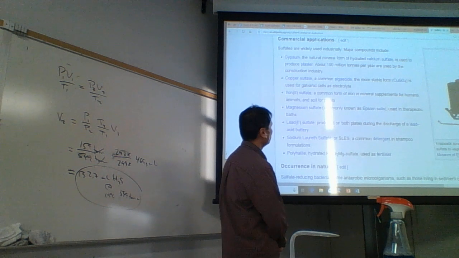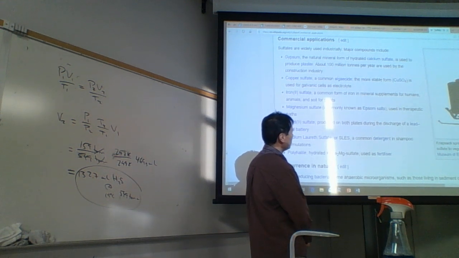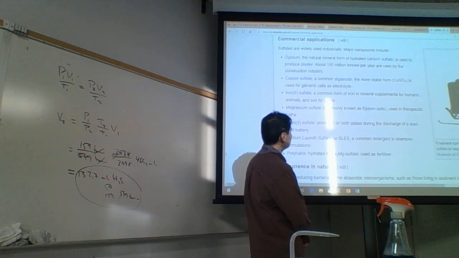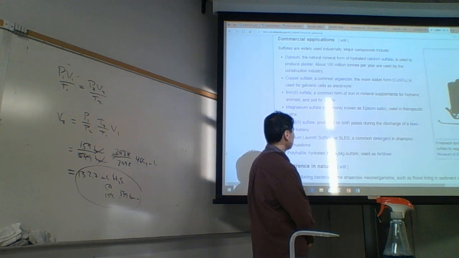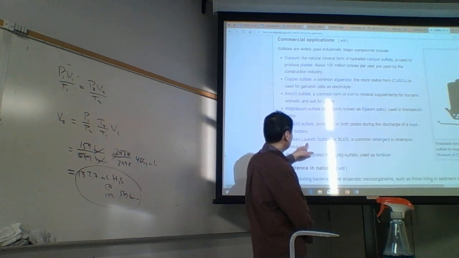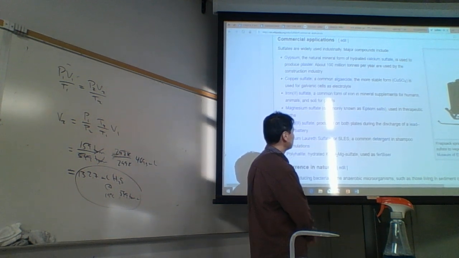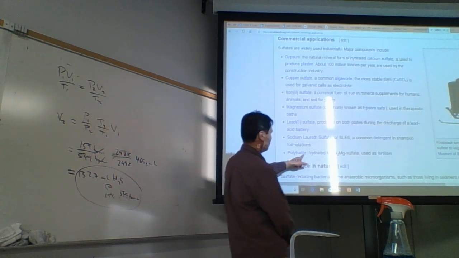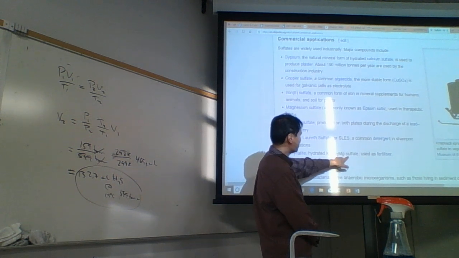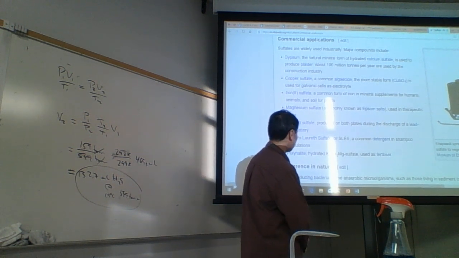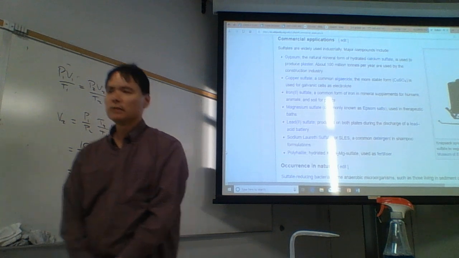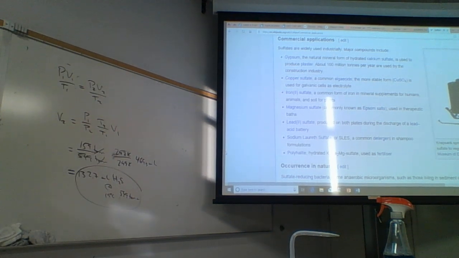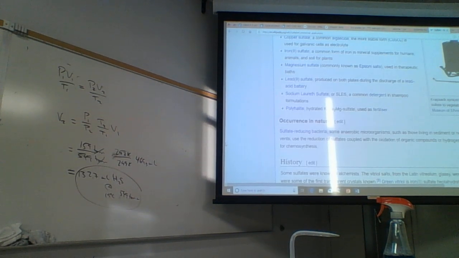Magnesium sulfate is called Epsom salts, and people make Epsom salt baths for their feet. Lead 2 sulfate is used in car batteries. Sodium lauryl sulfate is detergent in shampoos. Polyhalite, which is potassium, calcium, magnesium sulfate, is fertilizer, etc. So there are different uses for sulfates.